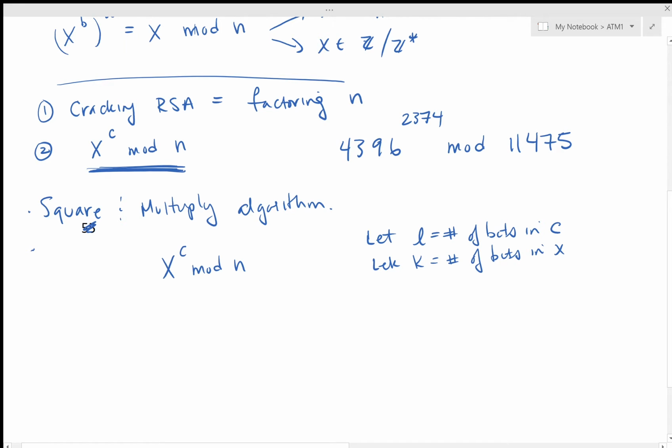We saw in the previous lecture about the computational complexity of some basic algorithms. If we were to multiply x times x, that calculation has complexity of order k squared.